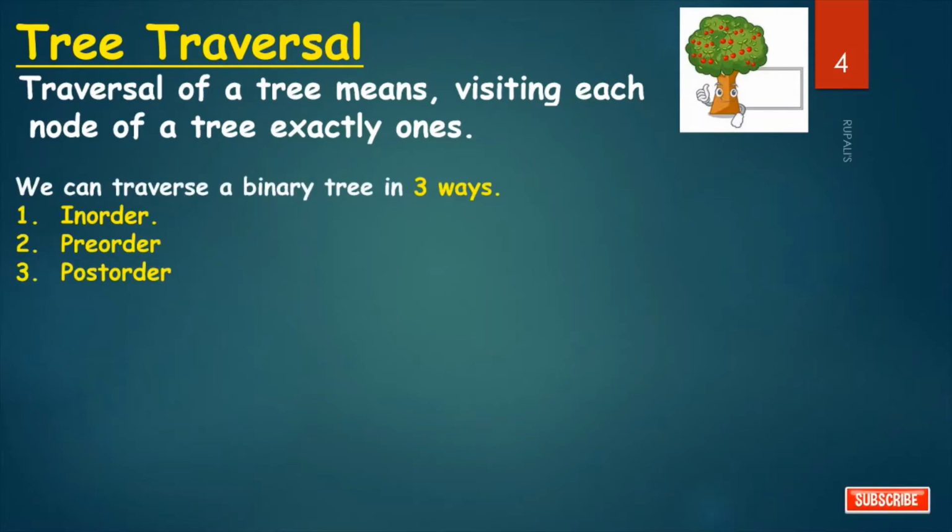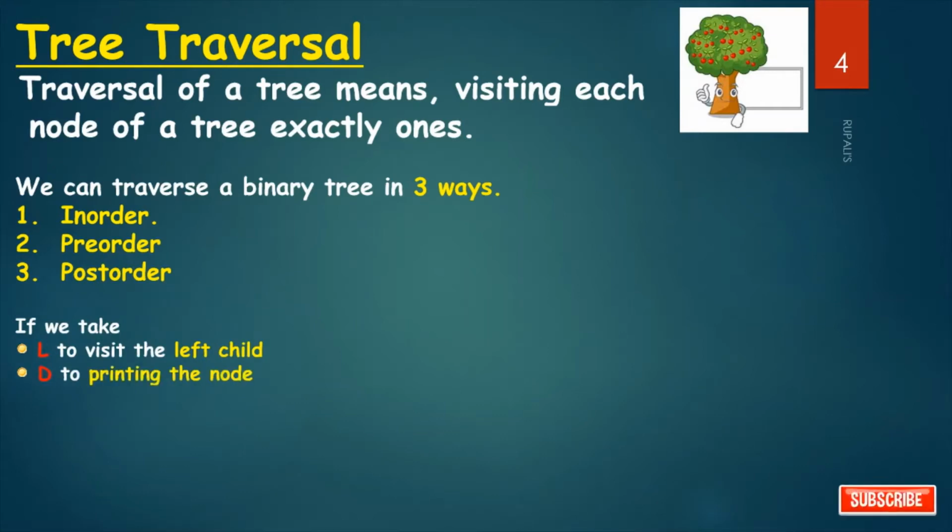We can traverse a tree in three ways. The ways are in-order traversal, pre-order traversal and post-order traversal. Take three terms: L to visit the left node, D to print the node, and R to visit the right child.